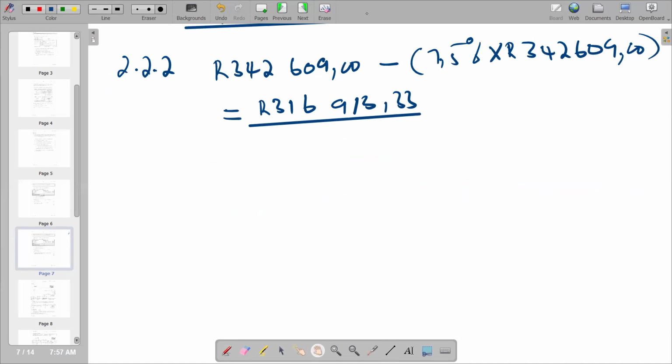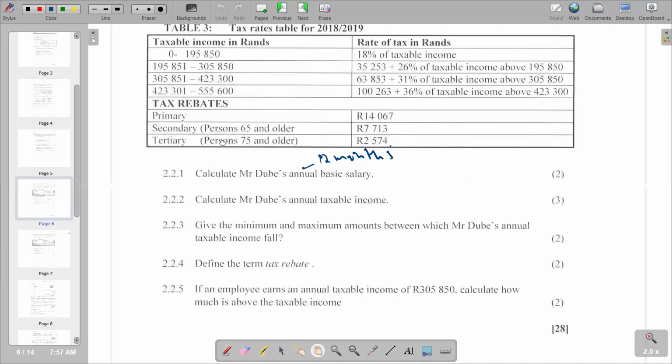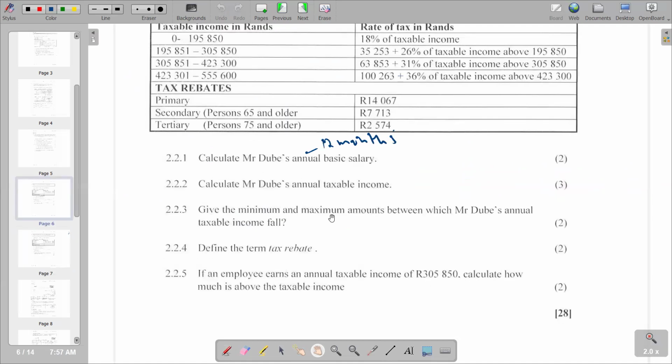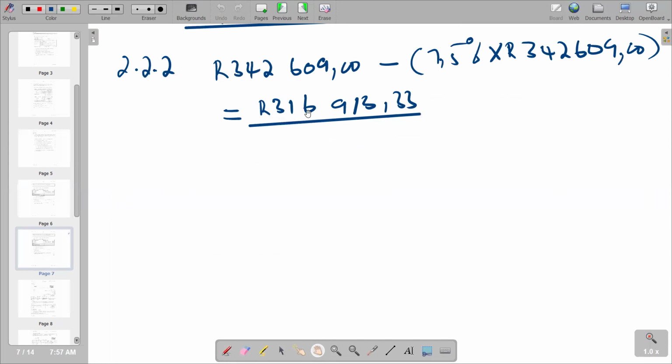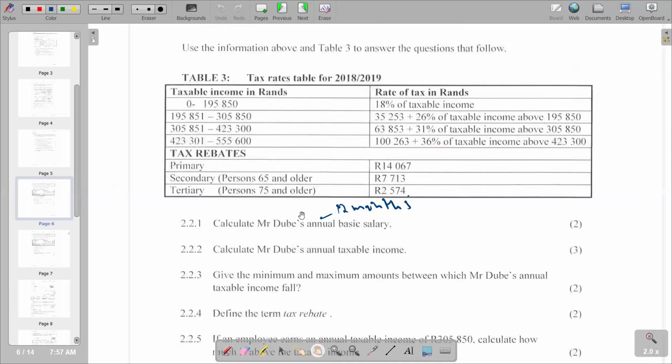Moving on to the next part, which is now going to be 2.2.3. Give the meaning and the minimum and maximum amounts between which Mr. Dube's annual taxable income falls. We have identified that it is 316,913. So we can just refer there.